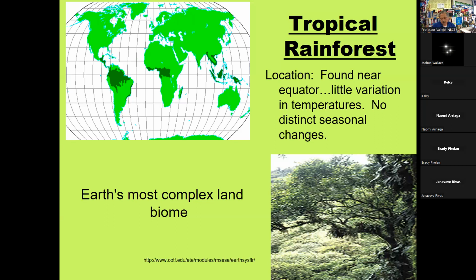You take a look at some trees in the tropical rainforest, and you take a look at the cross section of their stems. One thing that you don't see, that you might be used to seeing, is tree rings, and that's because tree rings are a result of seasonal changes in precipitation primarily.